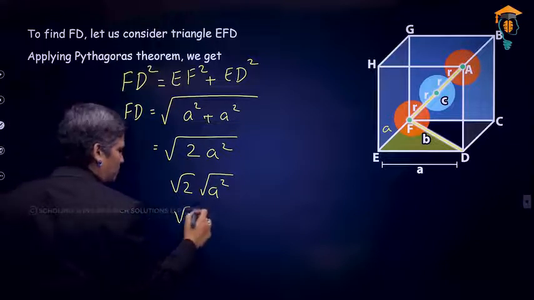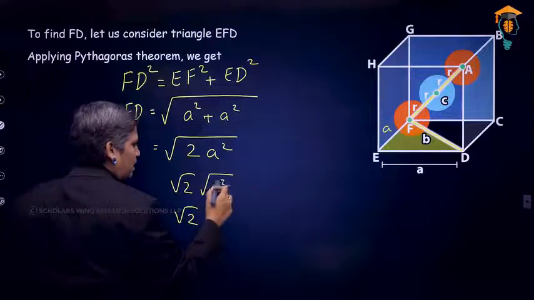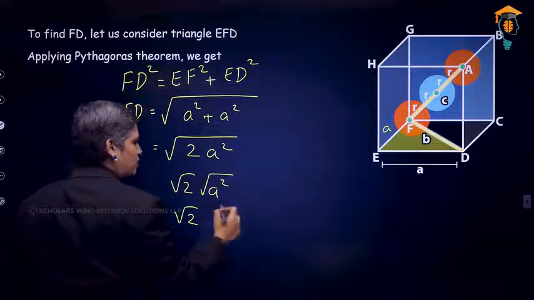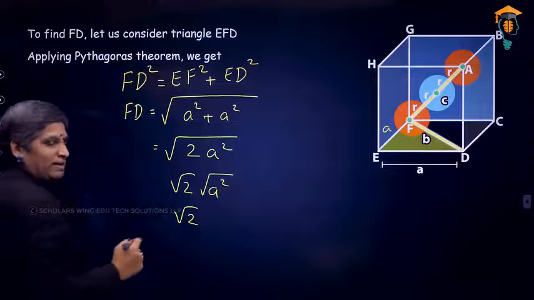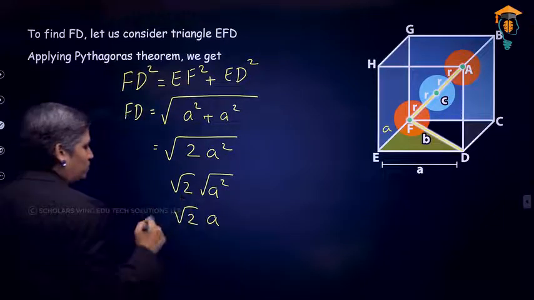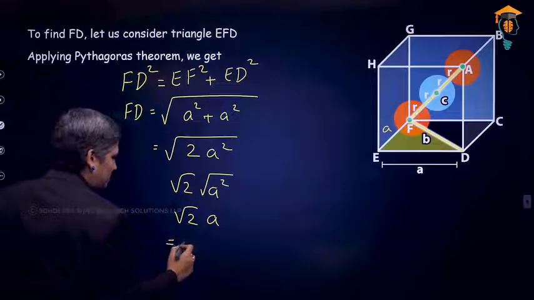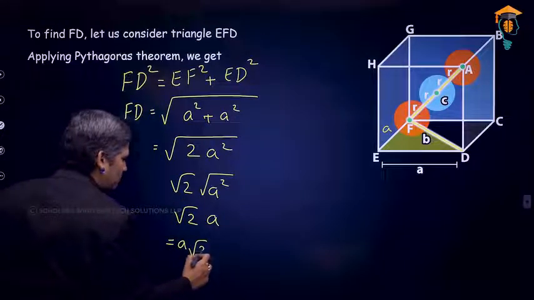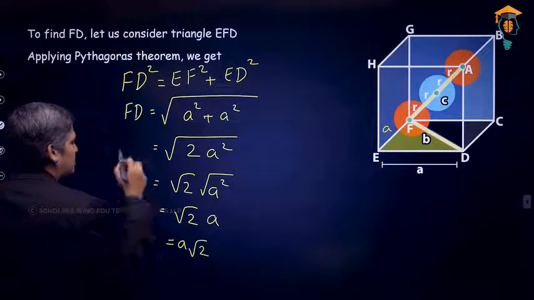So, root 2 will retain as it is. Square root of A square is nothing but A, isn't it? Hope you know that. Therefore, this can be written as A root 2. LHS is FD.